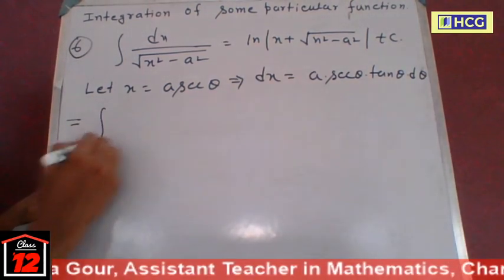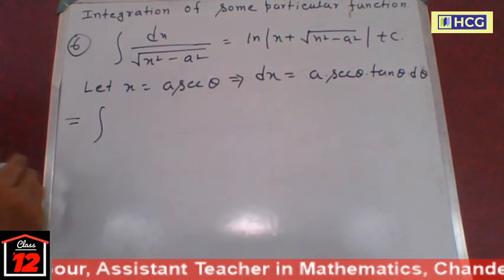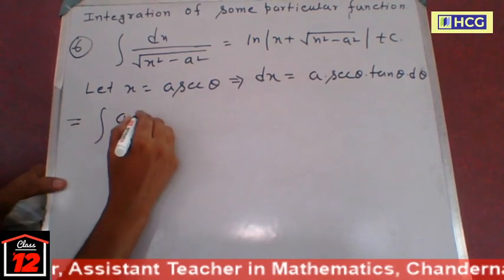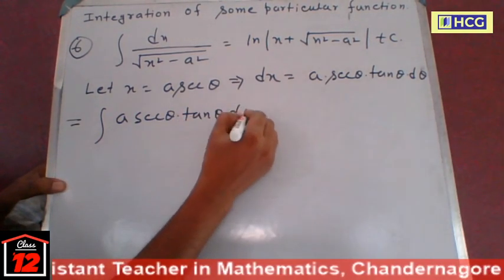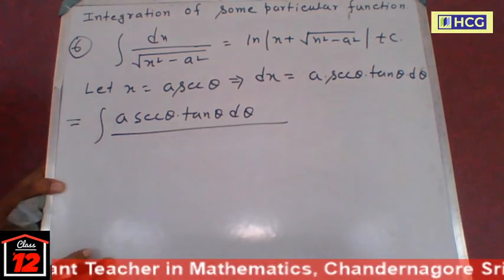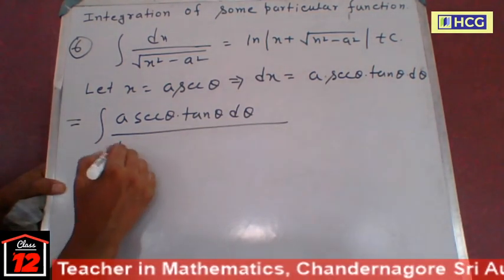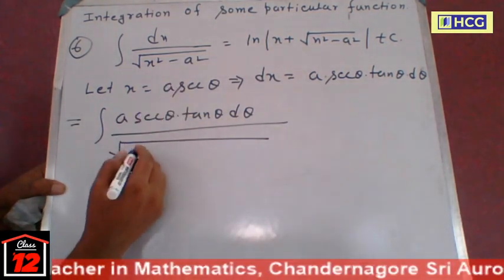So the given integral changes to a sec theta tan theta d theta whole divided by square root of x square minus a square, with x as a sec theta.